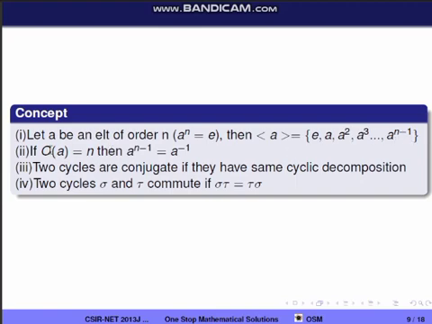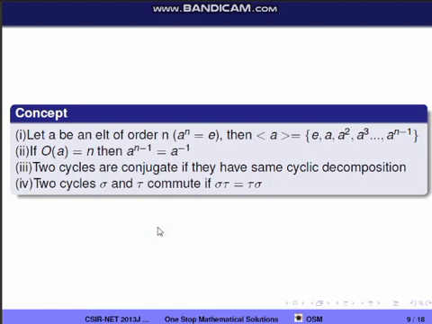Second concept, if order of A is equal to n, then A power n minus 1 is equal to A power minus 1. And two permutations are conjugate if they have the same cyclic decomposition, that is, the cycles should be of the same length. And two cycles, sigma and tau, commute if sigma tau is equal to tau sigma. That is like the commutative property, it should be satisfied.